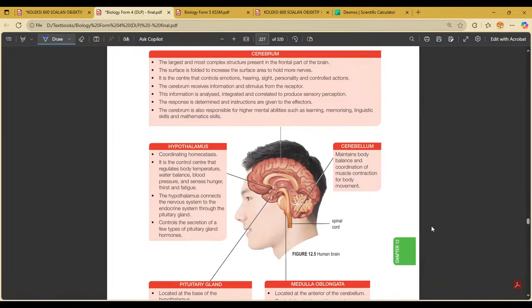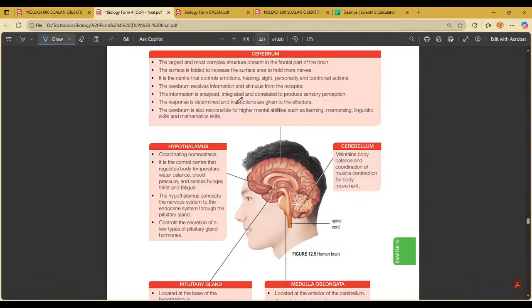Okay. The cerebrum is the largest and most complex structure, folded to increase surface area. It is the center that controls emotions, sight, personality, and actions. The cerebrum receives information and stimulus from the receptor.